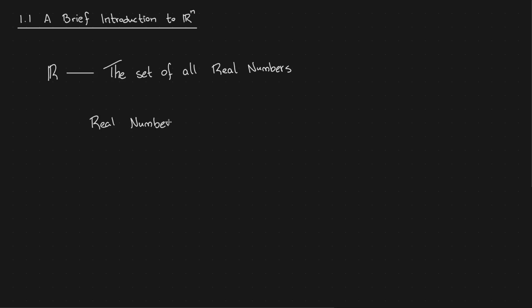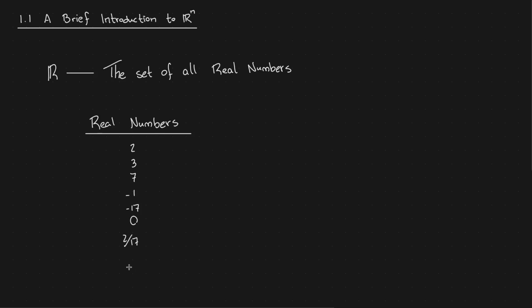So as some examples, real numbers include positive integers like 2 and 3 and 7, and negative integers, -1, -17, includes 0. It also includes all rational numbers. A rational number is any number that can be represented as a fraction.